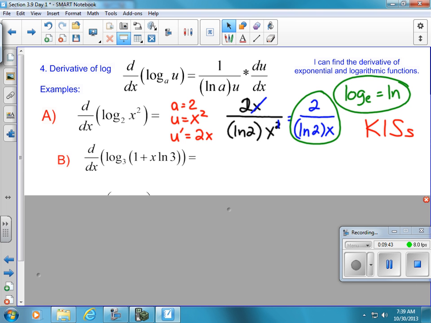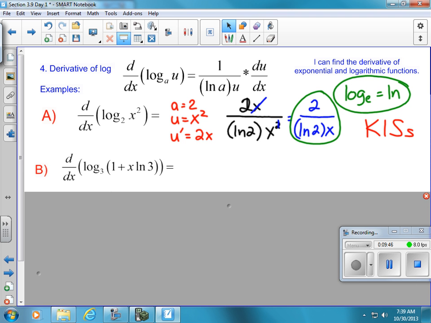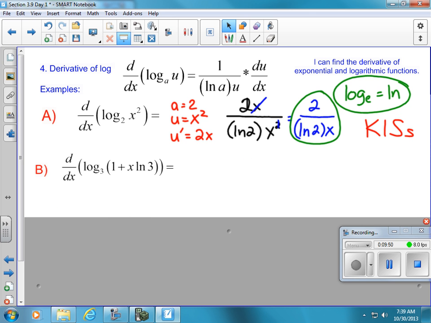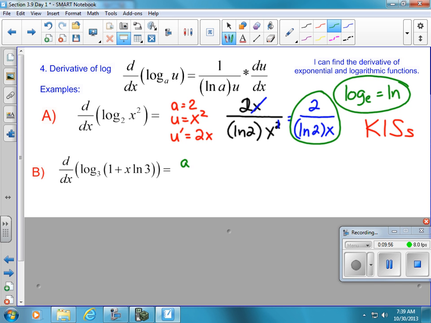Okay, our next example is a little bit trickier, but not really that difficult. We have log base 3 of 1 plus x ln of 3. Let's start off by identifying a. A is 3. U is 1 plus x ln of 3. We can take the derivative of that. U prime equals, remember, derivative of 1 is 0.